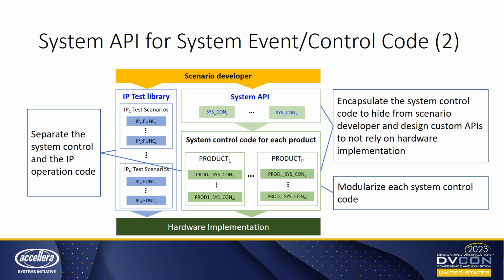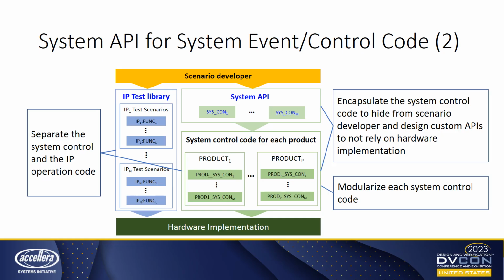Let's take a closer look at our application cases. We completely separate IP operation code and the system control code. Then, we modularize the system control code for each system function. After modularization and encapsulation for the system control code, it is possible to introduce APIs.